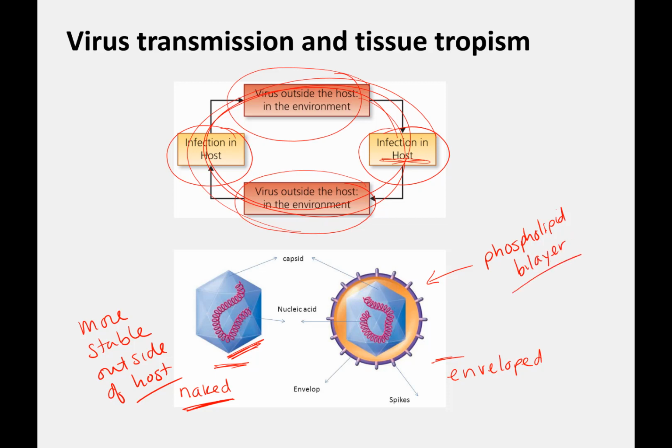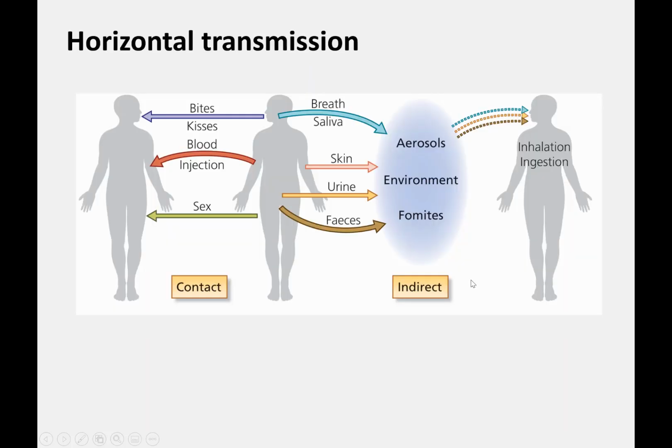You know that your skin is sensitive to drying out, just like your skin, which is covered with phospholipid bilayers of those cells. If an envelope gets dried out and you lose the conformation or the shape of those spikes, you're not going to have an infectious virus. So enveloped viruses in general are less stable in the environment than naked viruses. So again, something to think about with the virus you're looking at.